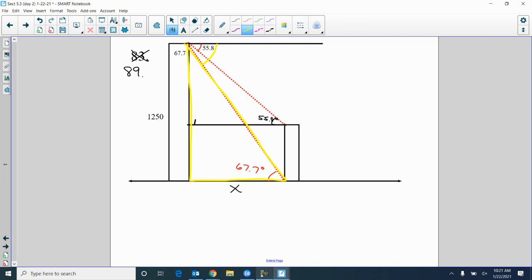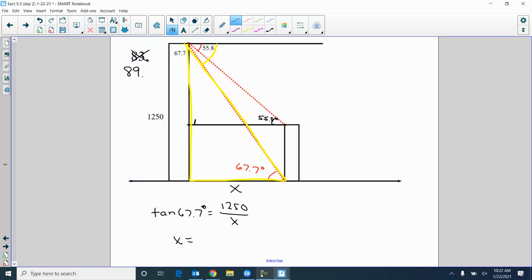Okay, and so we're going to find that X. Go ahead and find that if you haven't already. And then we get tangent 67.7 degrees equals 1250 over X. And X equals, Maggie, what'd you get? 512.7.